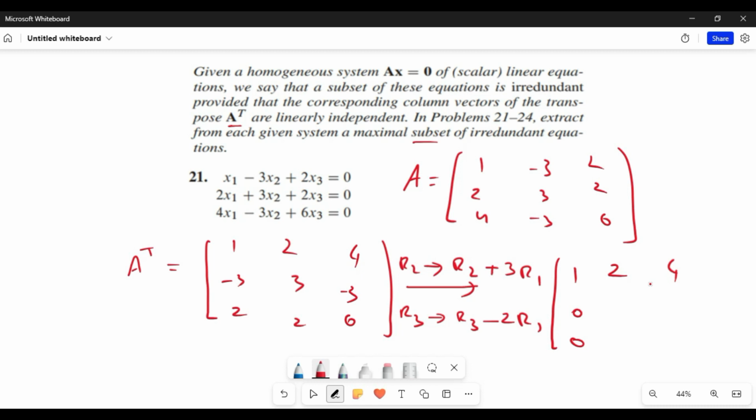Okay, what we get is, this is 3, row 2 element is 3 plus 6 will be 9, and here minus 3 plus 12 will be again 9.